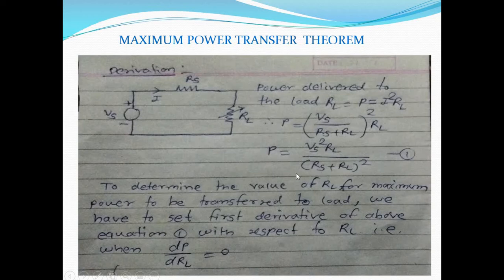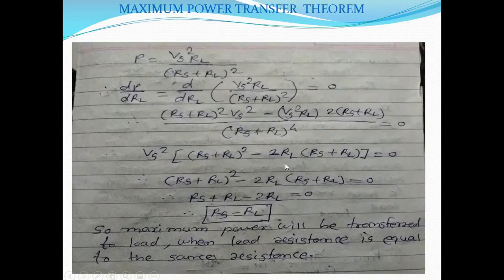That means we need to solve for dP by dRL is equal to 0. Here P is equal to Vs squared into RL upon (Rs plus RL) whole squared. So dP by dRL, the first derivative of this power equation with respect to RL, is d by dRL of Vs squared RL upon (Rs plus RL) whole squared, and to find the maximum power transfer condition we need to equate it to 0.